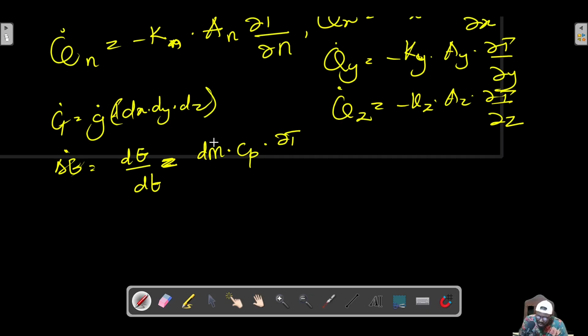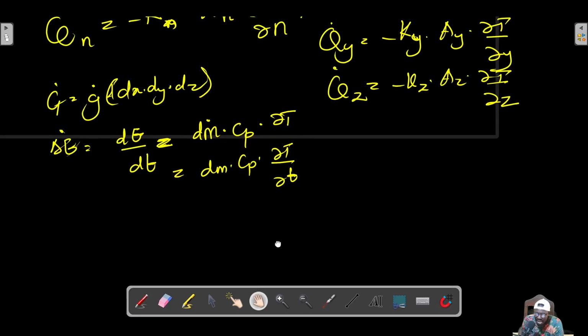So this is supposed to be dm dot, because we are talking about the time rate of change in the thermal energy within the control volume. This can also be written as dm times Cp del T del t. The small t is the time, the capital T is the temperature field.